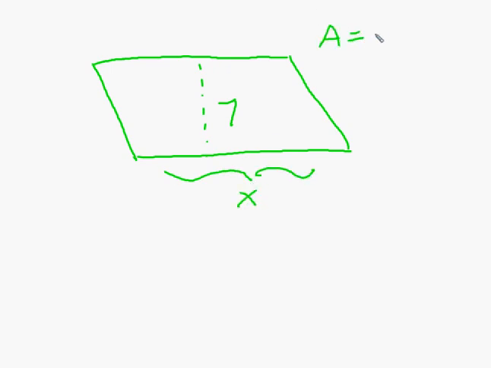All right, so in this parallelogram that's horribly drawn, I'm told that the area is 56, and I want to find x. Okay, so I write my formula. 56 equals base times height.